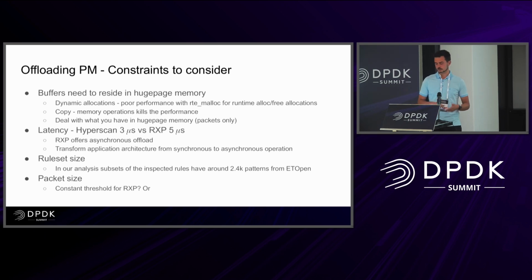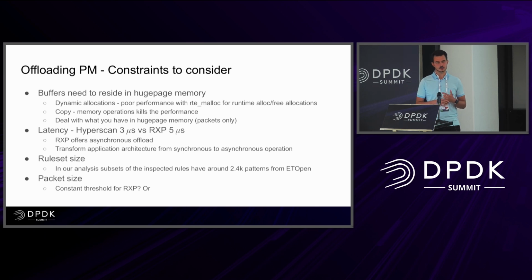And when we found out that a pretty well-known detection rule set from Emerging Threats has around 2.4 thousand patterns, we knew we are in safe numbers, because from the heat map we could see that we can go up to 8,000 patterns.